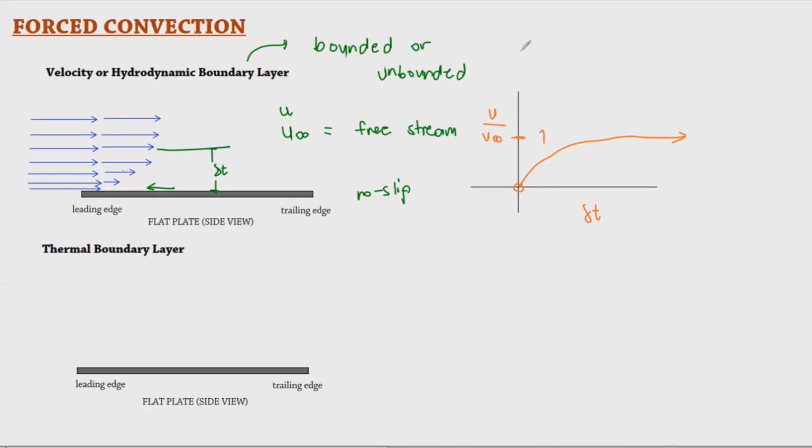And when we say that u is around 0.99 of our free stream velocity, we can say that this is where the boundary layer thickness ends. Past that layer thickness would be the free stream velocity. So this is how it goes when you graph this velocity boundary layer. I hope you have understood what I'm saying.